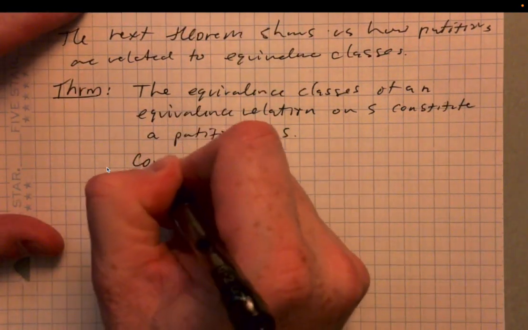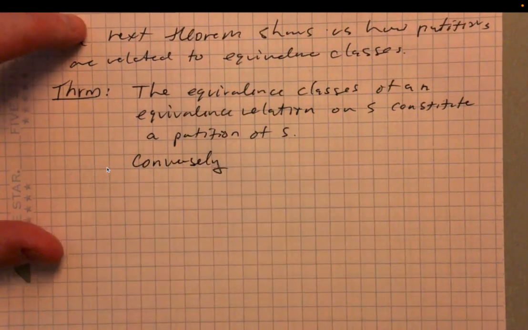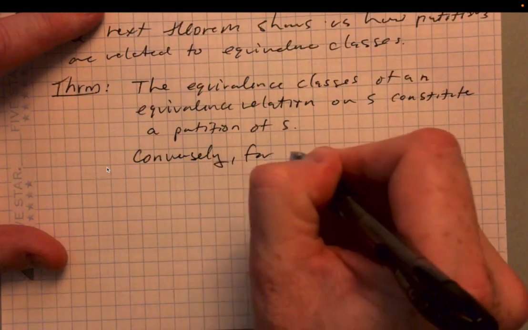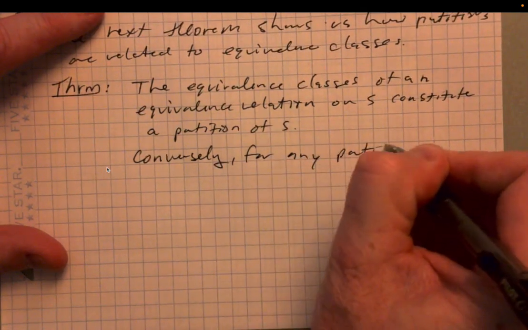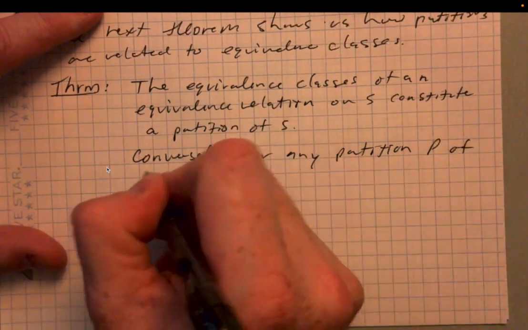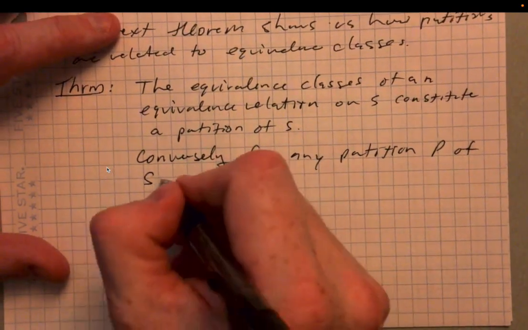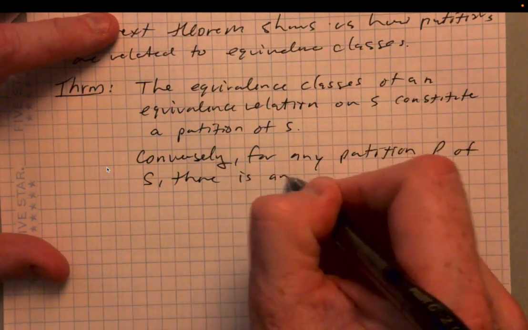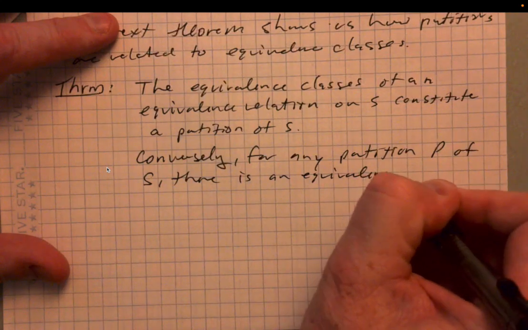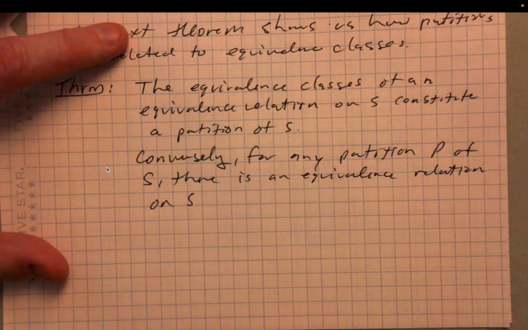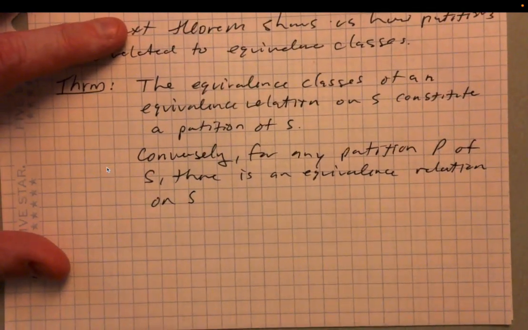Then conversely, for any partition, and we'll denote it P of S, of the set S, there is an equivalence relation on S whose equivalence classes are the elements of P.